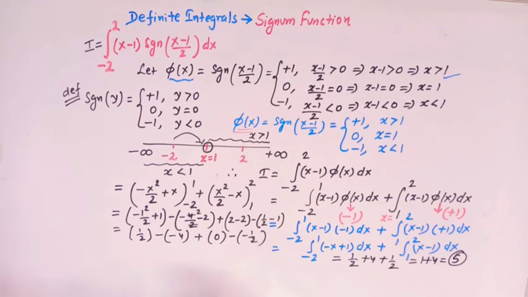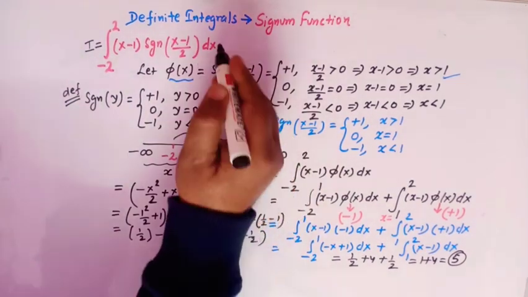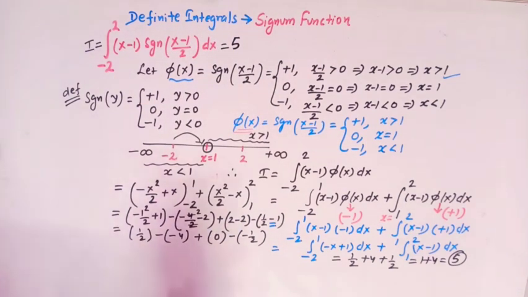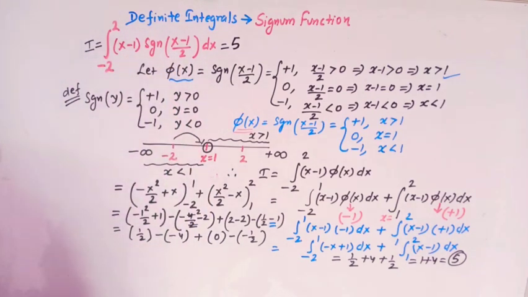So viewers, the value of this integral is equal to 5. This is how we can find the value of this integral by making use of the concept of the signum function.